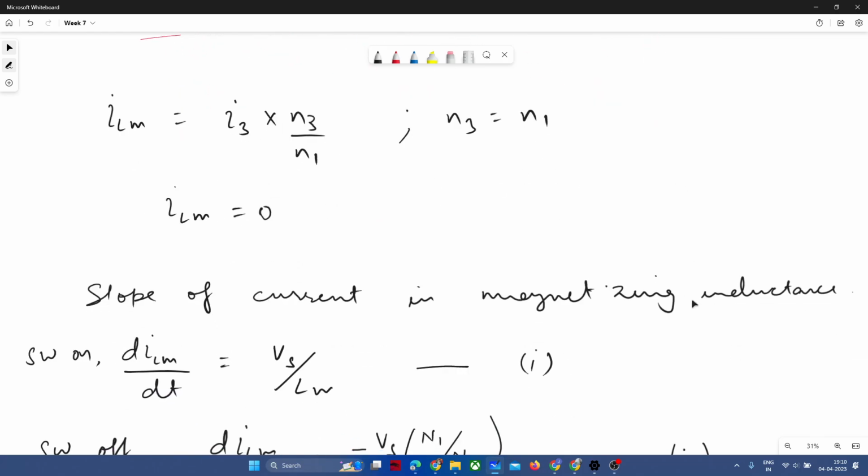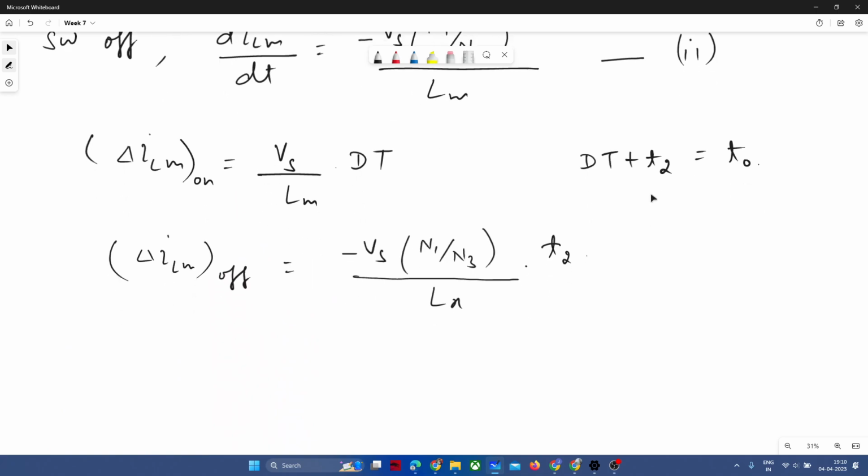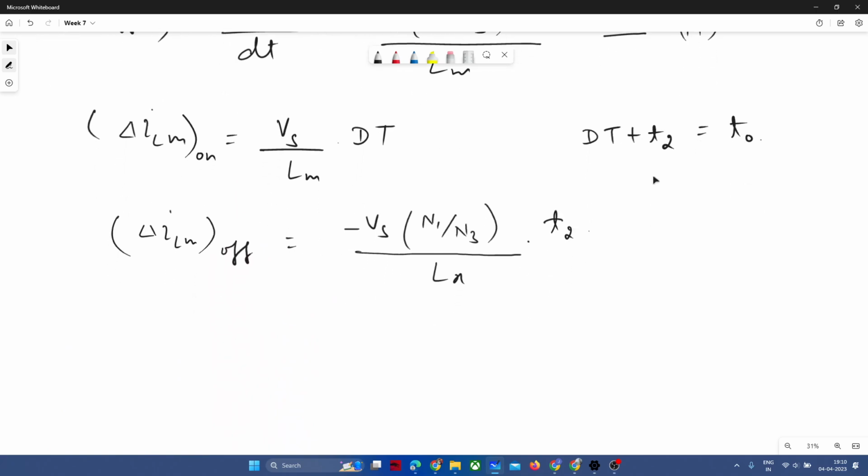Now we can equalize both the expressions of del ILm. Both should sum to 0: del ILm on and del ILm off.